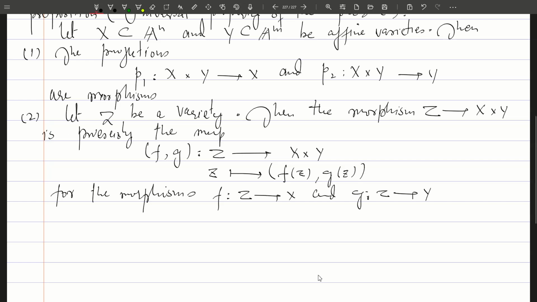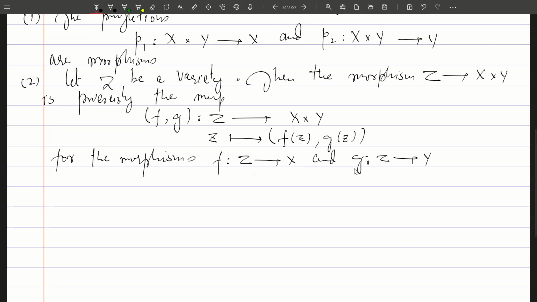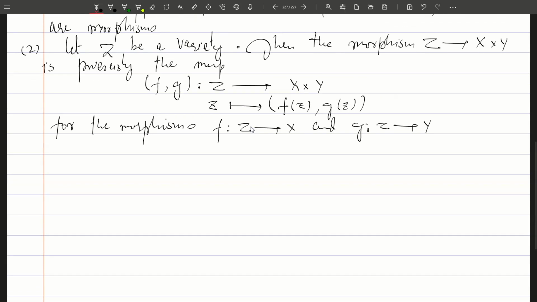And vice versa, if f and g are morphisms from Z to X and Z to Y respectively, then this map (f,g) is actually a morphism from Z to X times Y. So let us prove the first. The first is actually obvious.